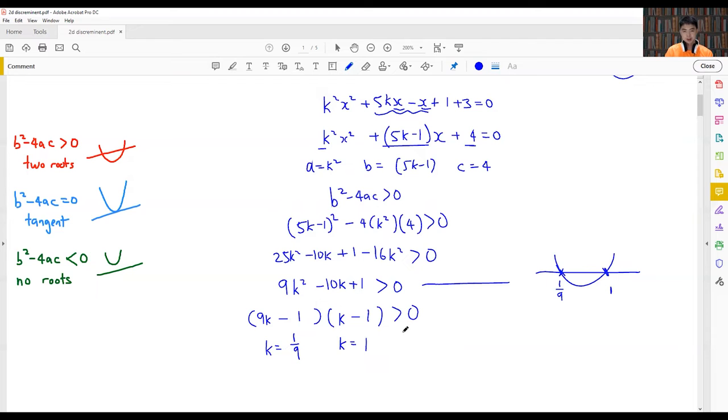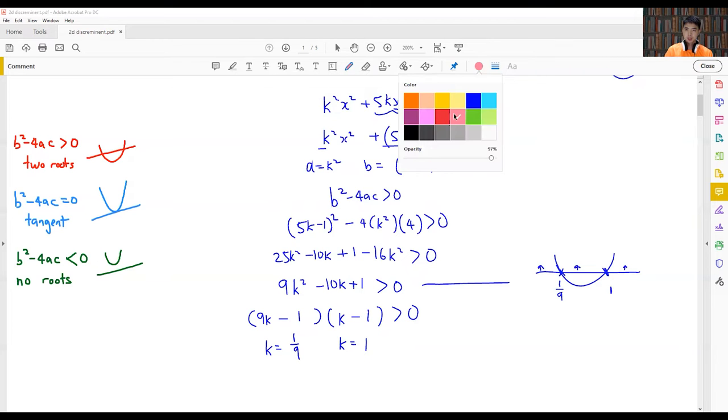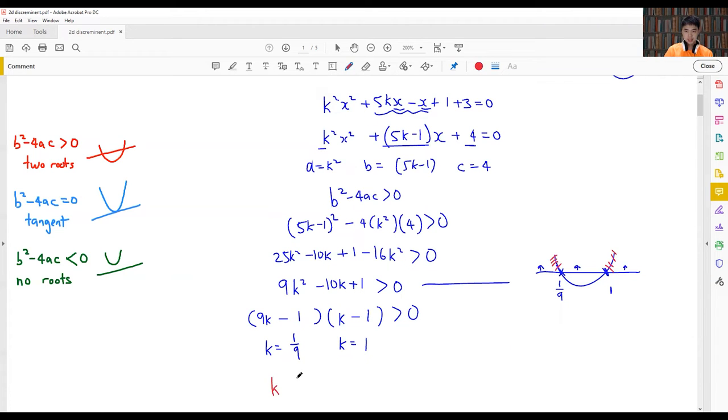Now, our final answer has to be an inequality. Since the value has to be more than 0, the arrows should point upwards, meaning these are the parts that we are looking for. So your final answer should be k is less than 1 over 9 and k is more than 1, because it's these two parts here. Okay.